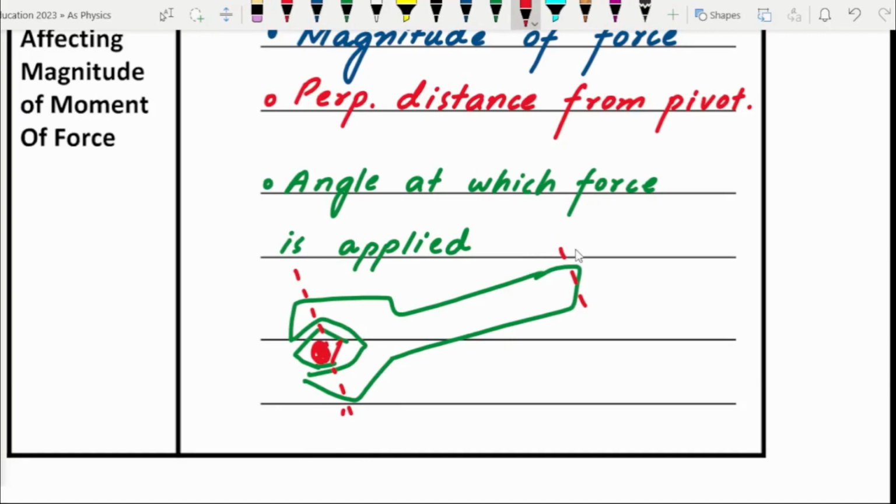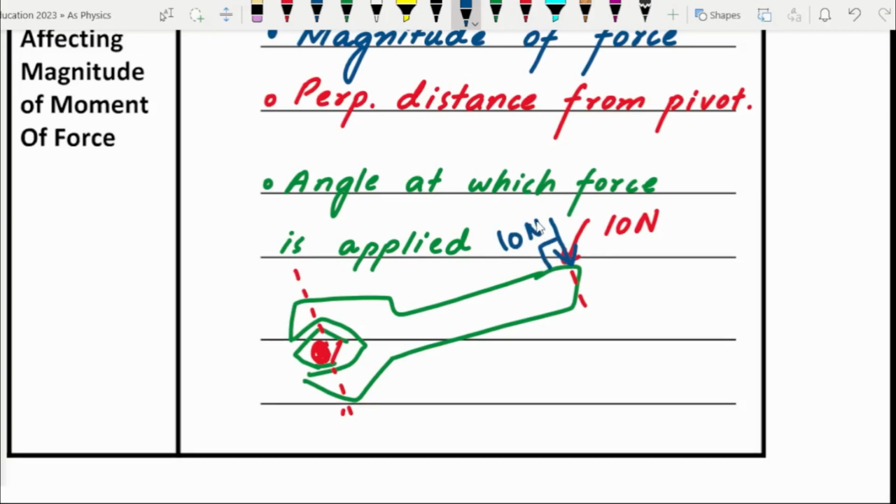Let's say you're applying the force at the end and the force that you're applying is 10 newtons. The first force that you apply is at an angle, at a certain angle, it might be 30, 40, 50 degrees. The other person who is applying the force applies a force perpendicular to the surface at 90 degrees.